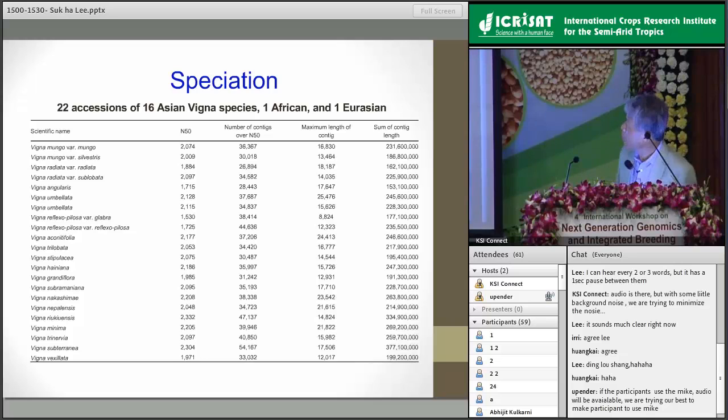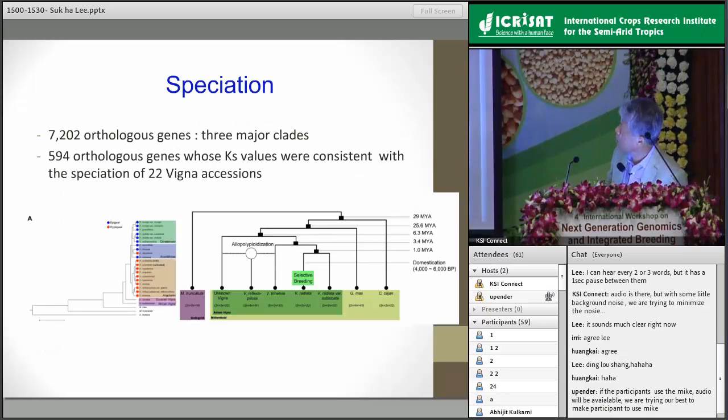We found about 7,202 orthologous genes across the 22 species. Based on the comparison of these genes, we can classify 3 major classes, and this is consistent with the classification by phenotypic data.